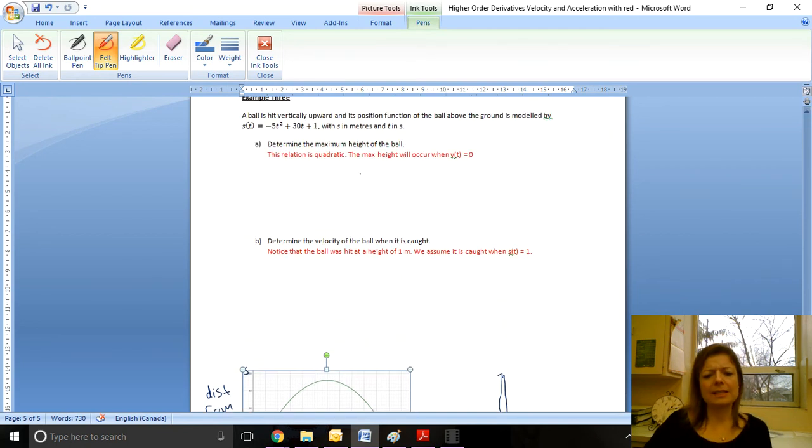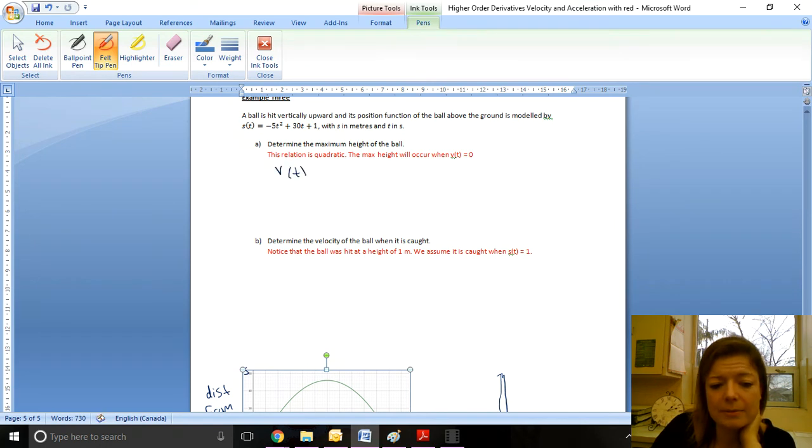So determine the maximum height of the ball. So we have quadratic methods of doing this, -b/2a, but now we can use derivatives to find this. So this is actually when the velocity is equal to 0, which is a lot simpler to solve. So velocity is -10t plus 30, which is just a linear function.